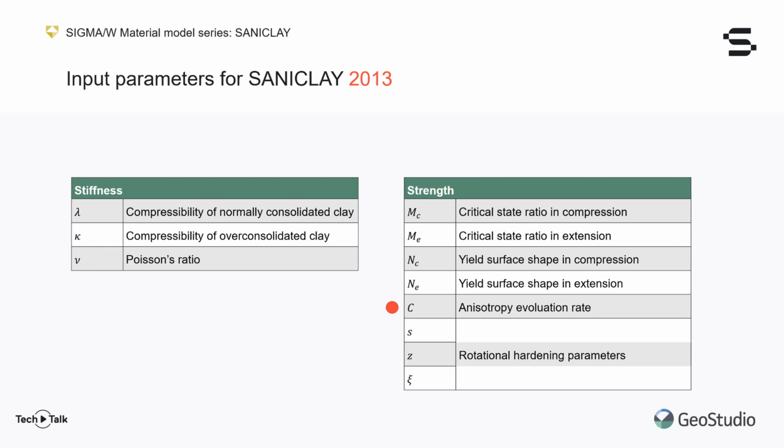But there are three new input parameters that are now added to replace how the rotational hardening is calculated inside the model. The parameters S, Z, and Xi are related to this aspect of the model.